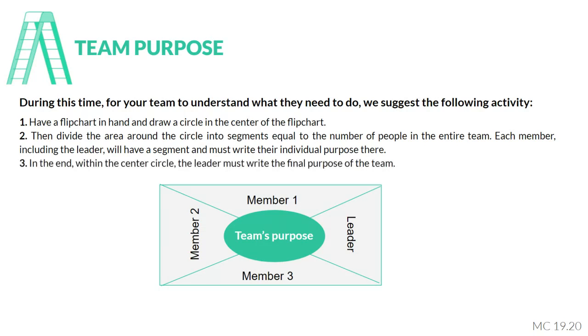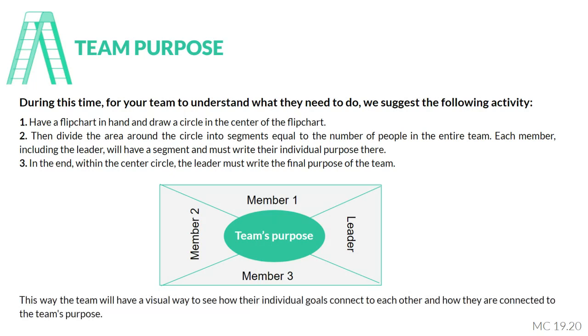Once this is done, within the center circle, the leader must write the final purpose of the team. Through this activity, the team will have a visual way to see how their individual goals connect to each other and how they are connected to the team's purpose.